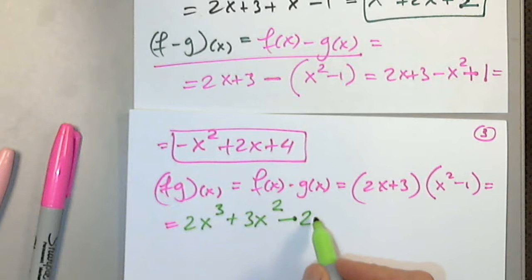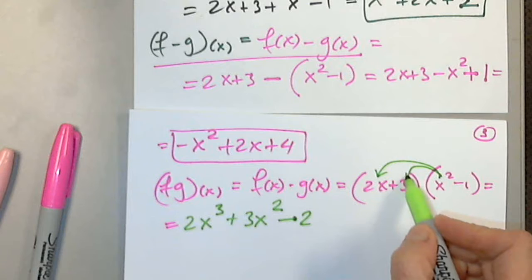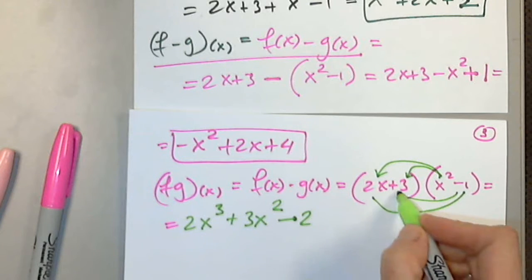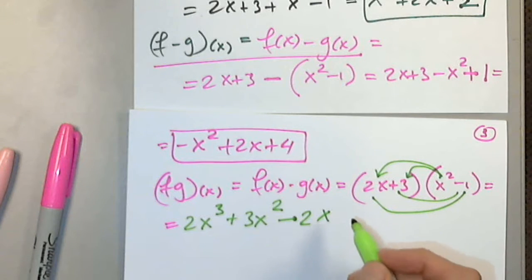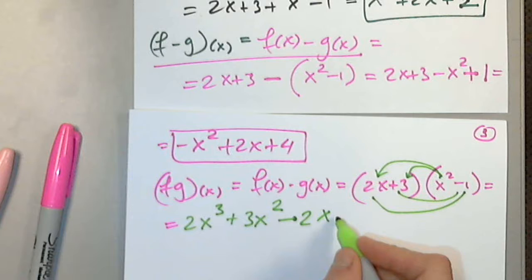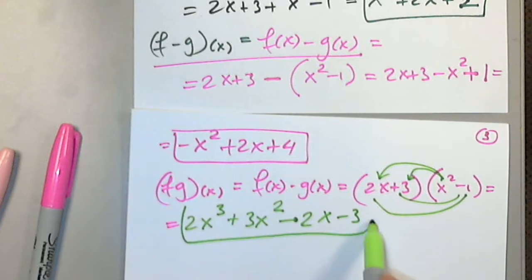Minus x squared. So we distributed these two. Now I have to distribute negative 1. Good. So this is it. There is nothing I can do here. It's already arranged in descending order.